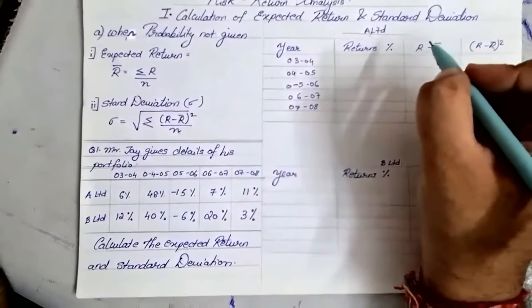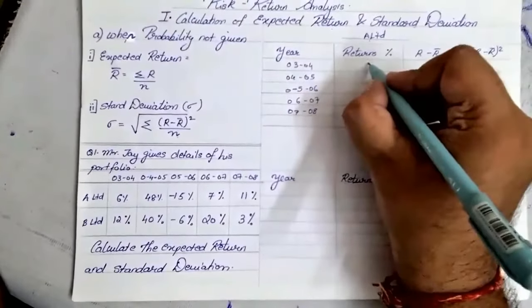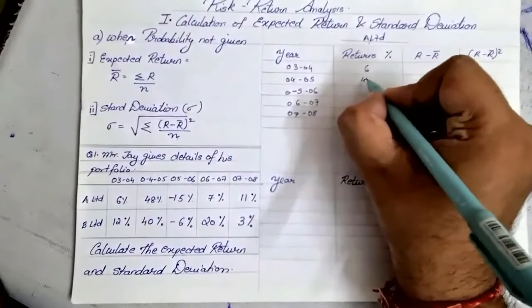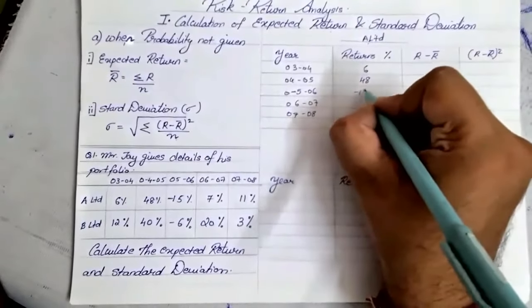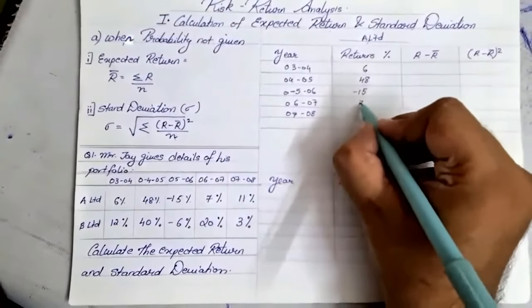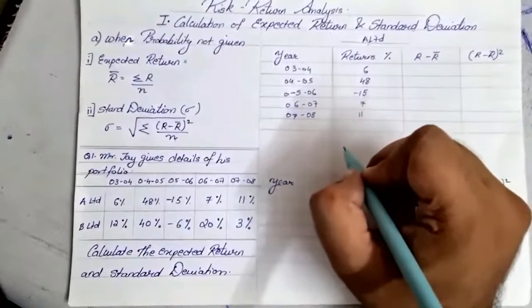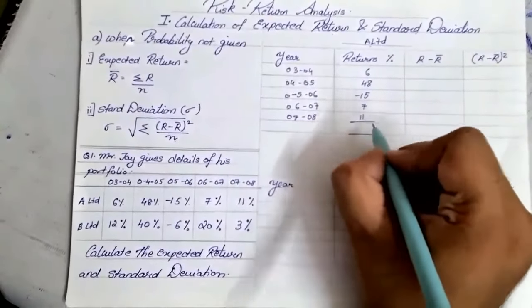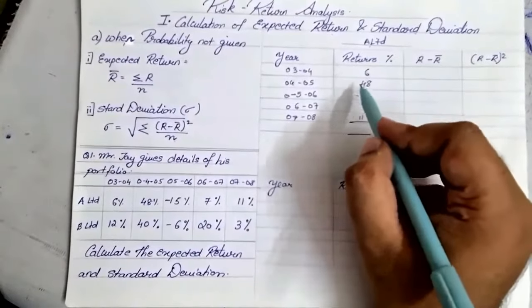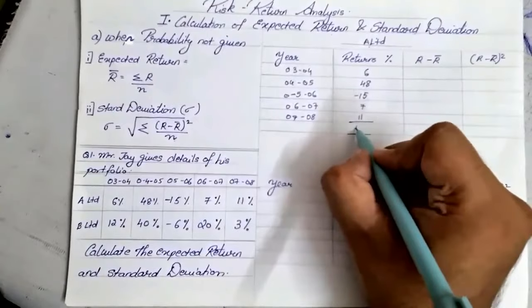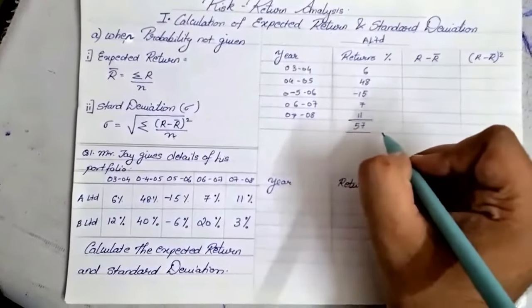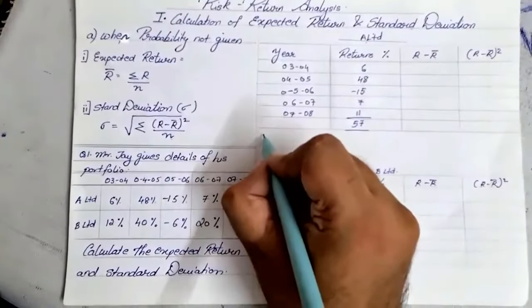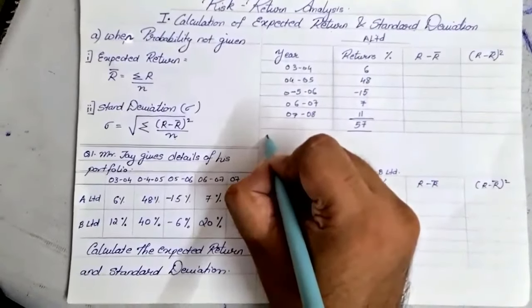Now under returns, let us just note down whatever returns have been given to us. So it's 6%, 48%, negative 15%, 7% and 11%. The total of that will be required. So when you add up and when you subtract the negative 15, you get the total as 57. So now very first thing what we need to find is expected return.